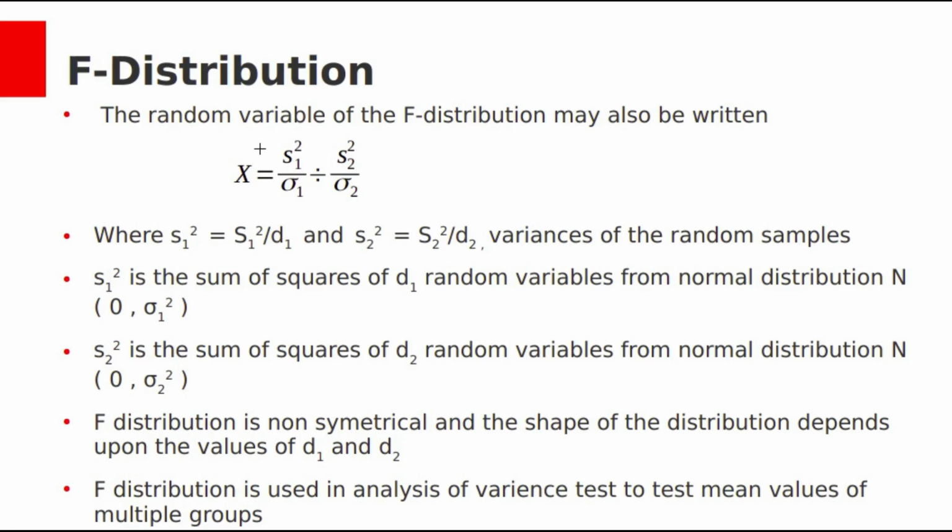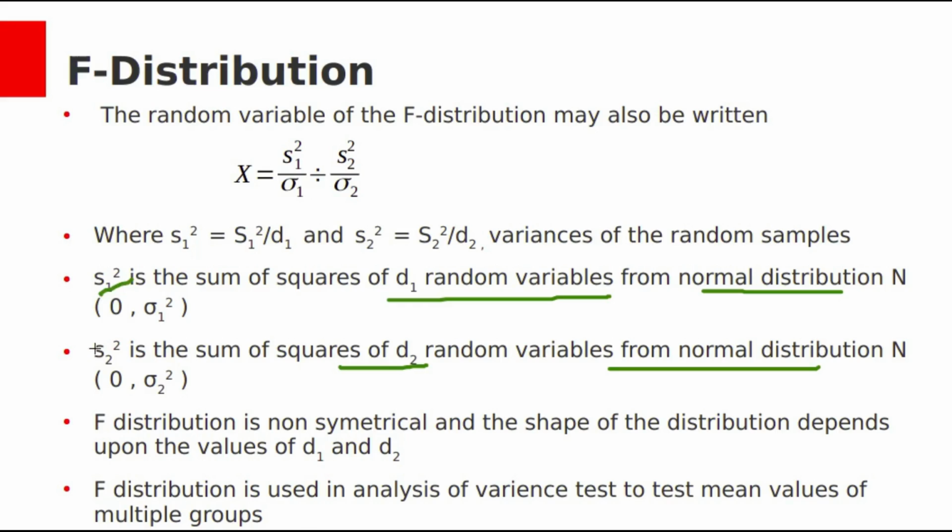The random variable of F distribution can also be written like this: (s1 square by sigma 1) divided by (s2 square by sigma 2). Here S1 square is the sum of squares of d1 random variables from normal distribution, and S2 square is the sum of squares of d2 random variables from normal distribution.